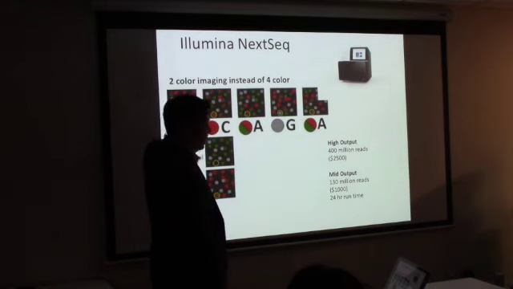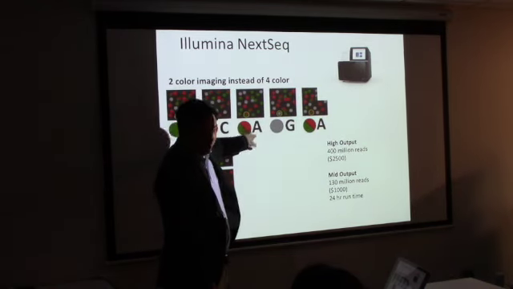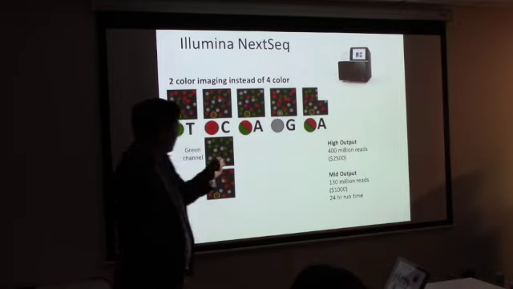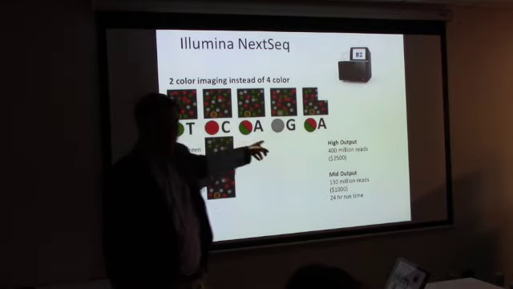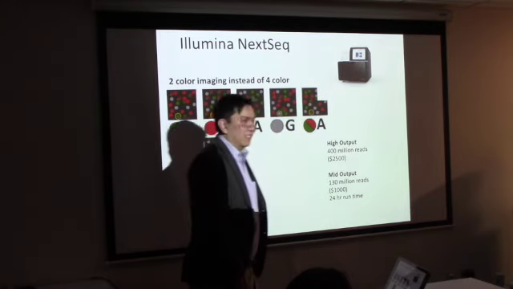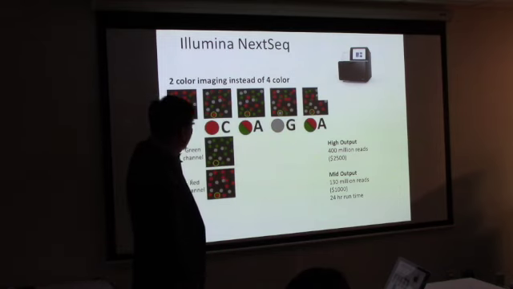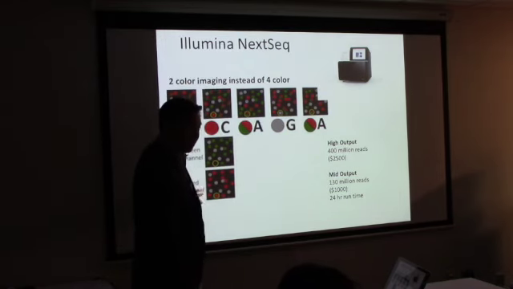So a green is a T, a red is a C, an A is the fusion of a red and a green, and a G is no color. No color. Okay? That's kind of hard, right? But basically you can now just image 2 colors. You've cut your sequencing time in half. And that's why the NextSeq is so fast.